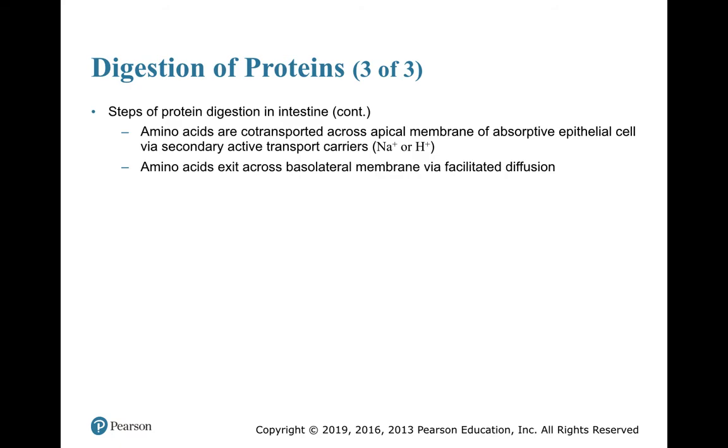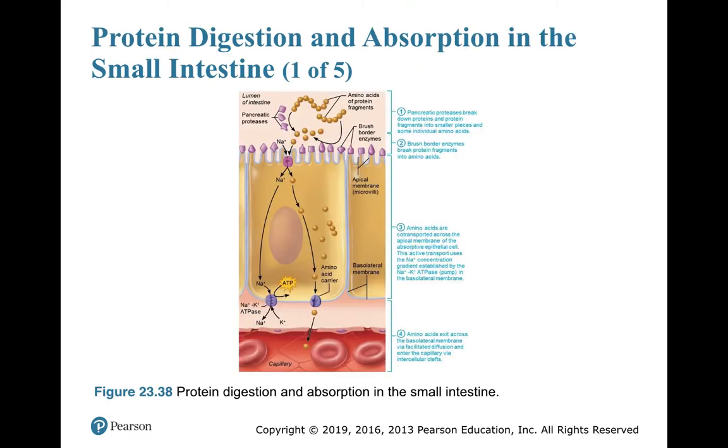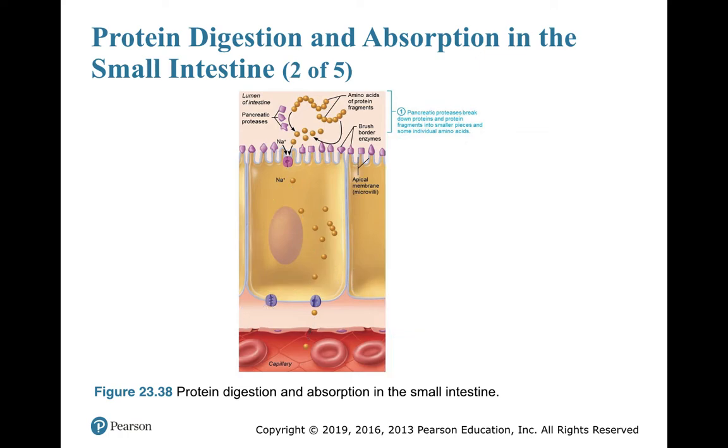The amino acids are co-transported across the apical membrane of absorptive epithelial cells through a secondary active transport carrier involving either sodium or hydrogen ions. And the amino acids exit across the basolateral membrane through facilitated diffusion. So pancreatic proteases break them down.